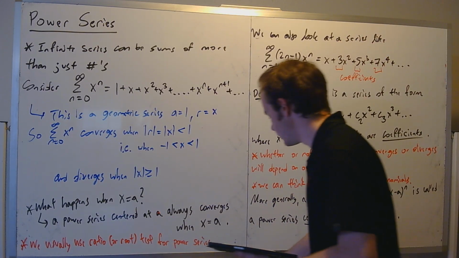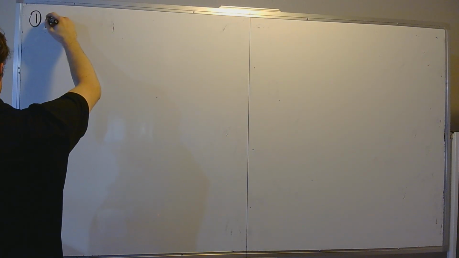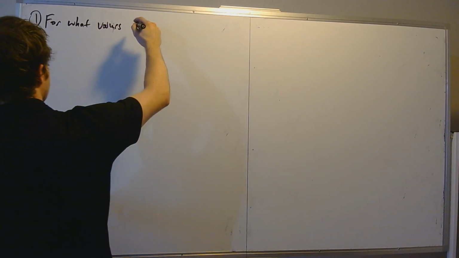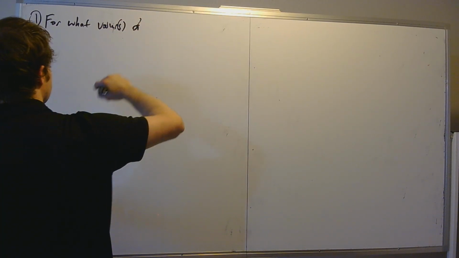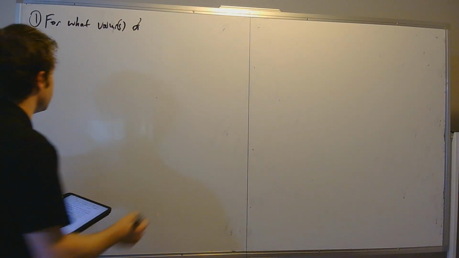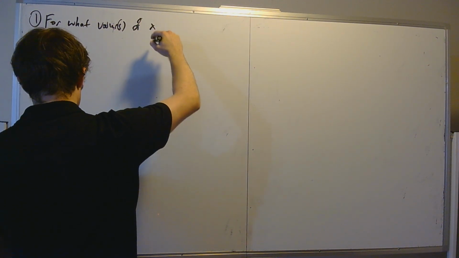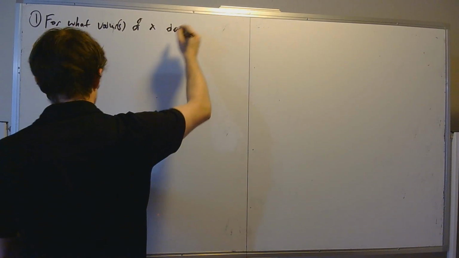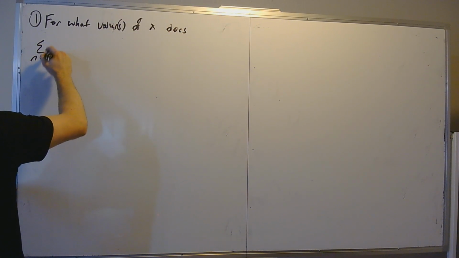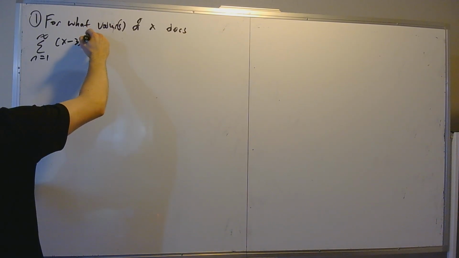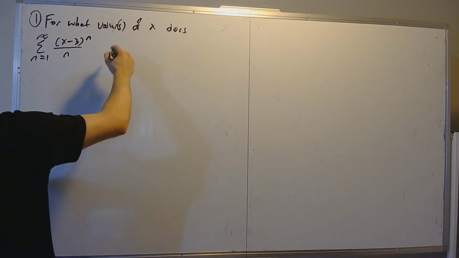Okay, so let's talk about an example. Example number 1 is going to say: for what values of x (the s is in parentheses because we don't know if there's multiple values) does the series from n equals 1 to infinity of x minus 3 to the power of n over n converge?